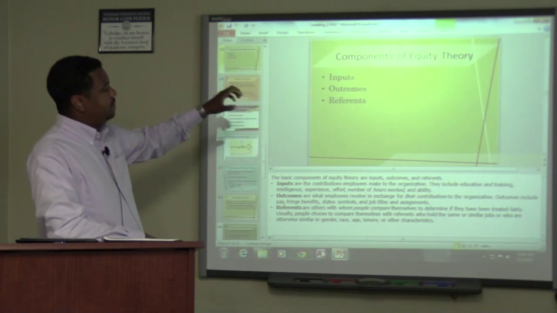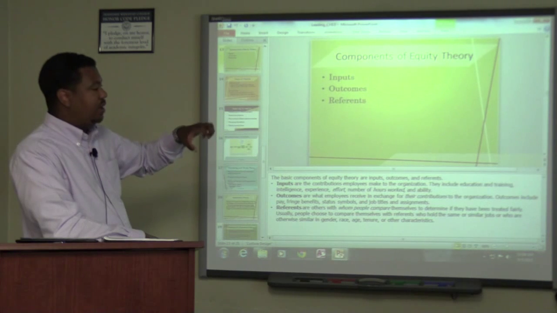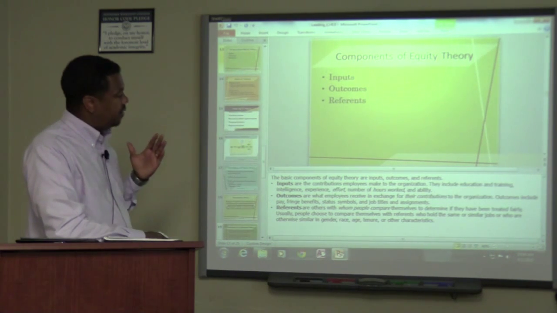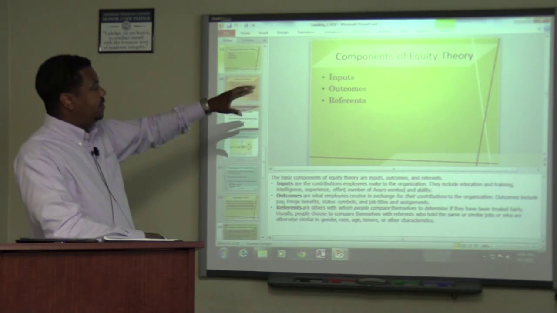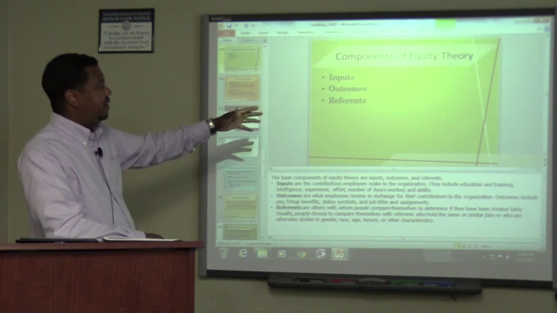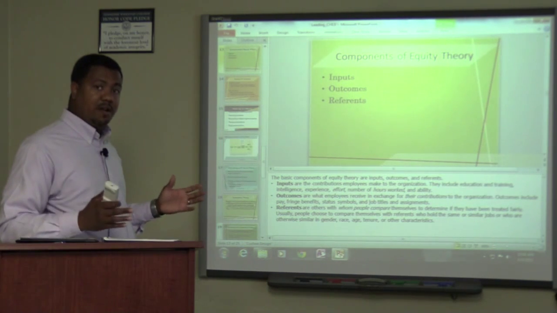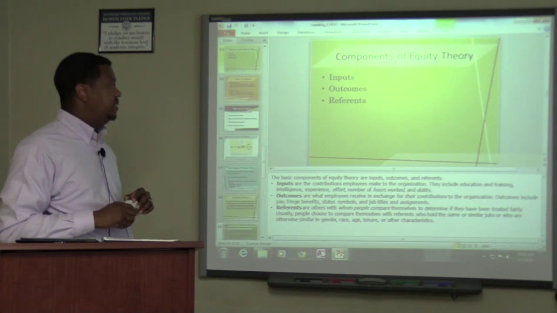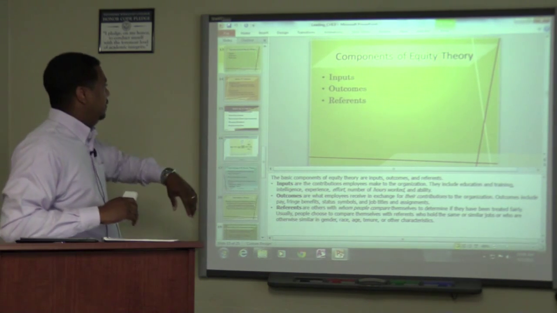So input, how hard an individual works within their organization, affects their output, what they receive from their organization from all their efforts. And then equity theory goes into how individuals reference and compare themselves as far as how they're being compensated as well as treated within their organization for all their efforts.